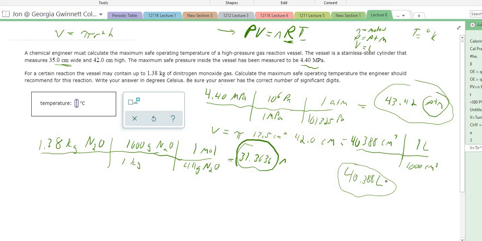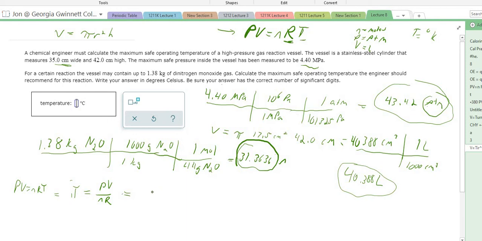I have moles, I have my volume in liters, and I have pressure in atmospheres. Now I can use the ideal gas law to solve for temperature. PV equals nRT, so with that algebra, the temperature is equal to PV divided by nR.